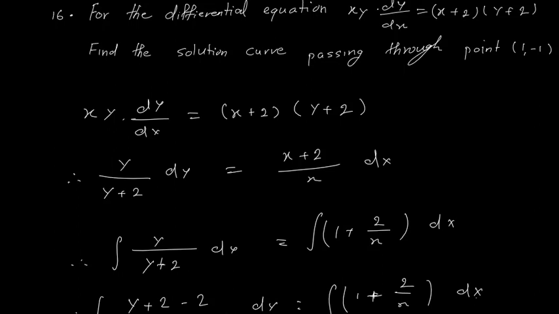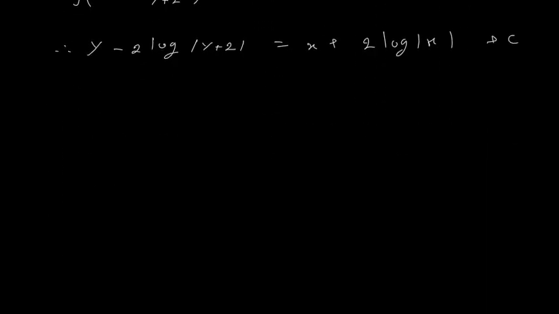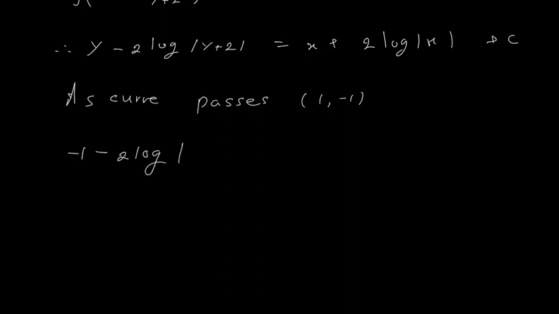Now the curve passes through (1, -1). As the curve passes through (1, -1), we have -1 - 2 log(-1 + 2) = 1 + 2 log(1) + c.